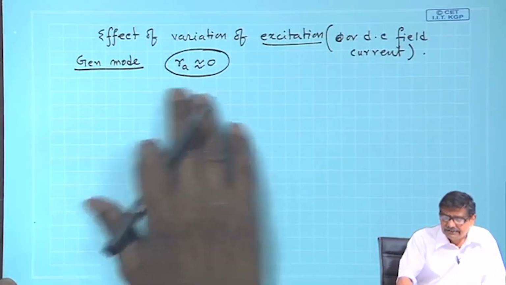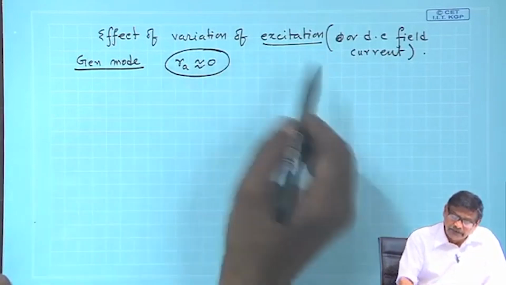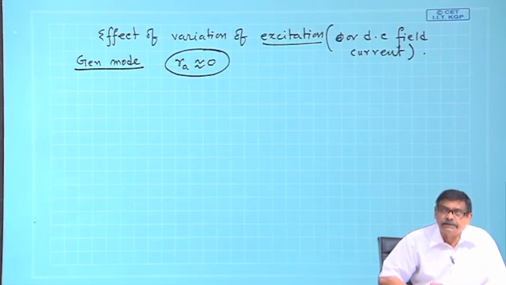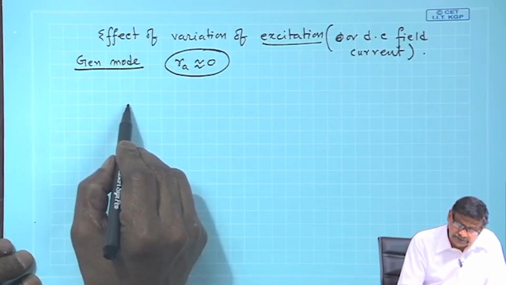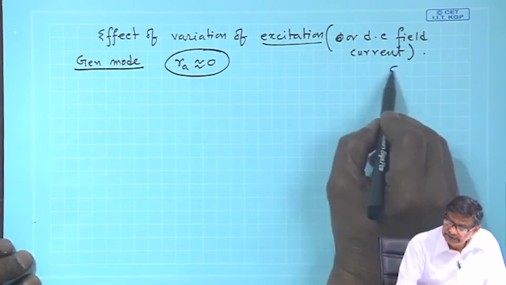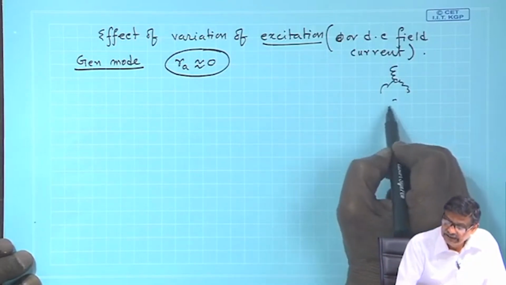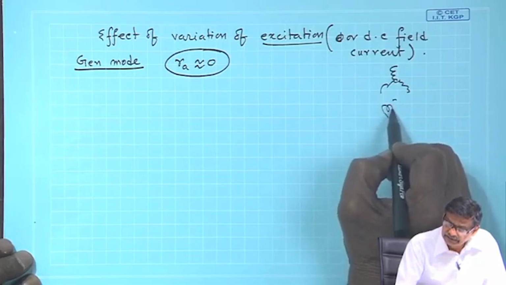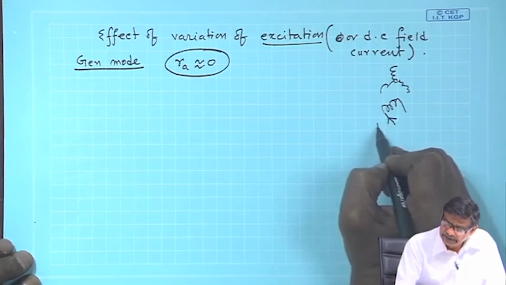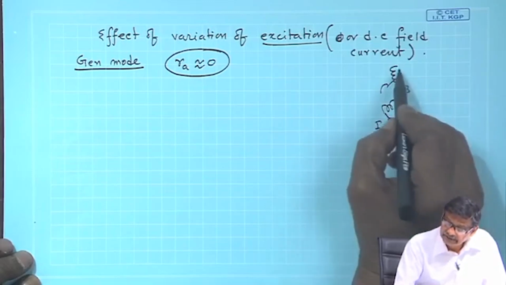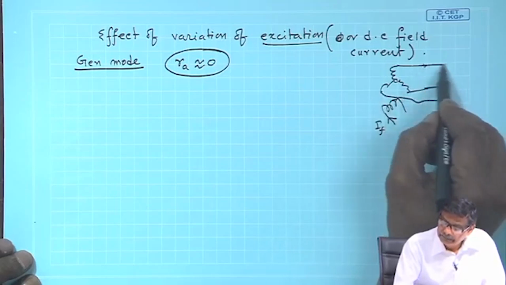First let us see, this can be very nicely explained. Now, effect of variation of excitation in generator mode, what does this mean? This is the generator. Let me first draw, this is the thing, and here is the field winding. Here is some IF DC current and here is some voltage, and it is connected to the bus.